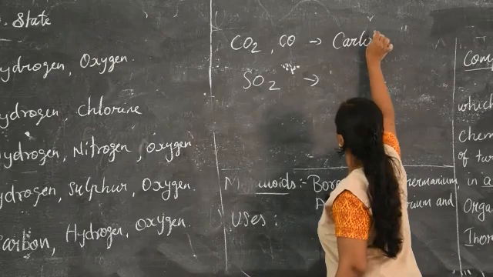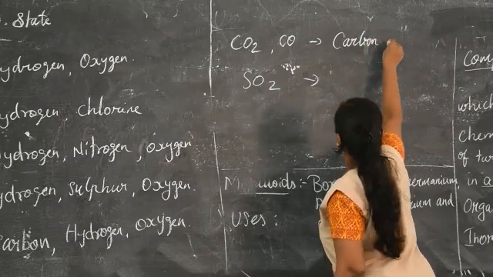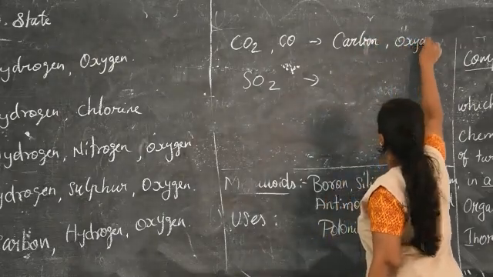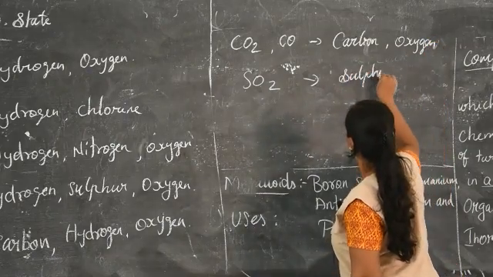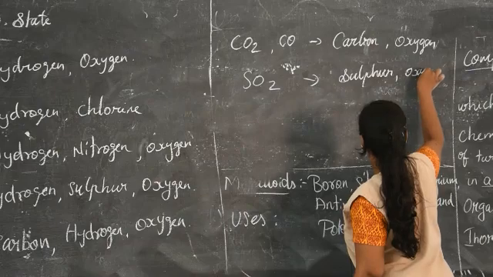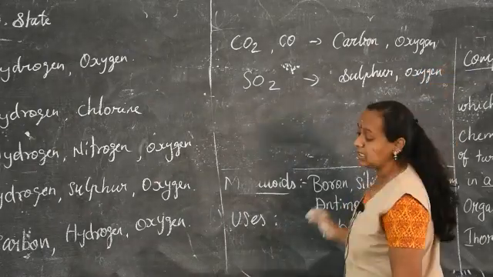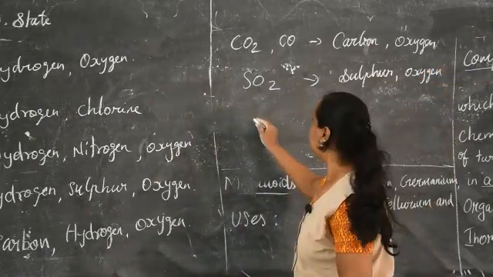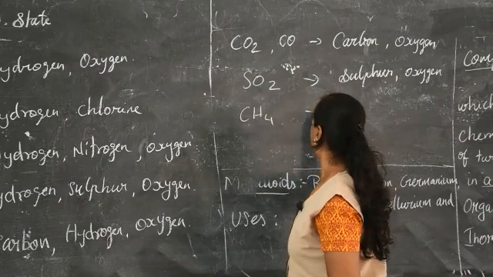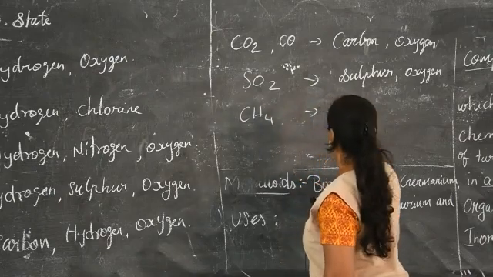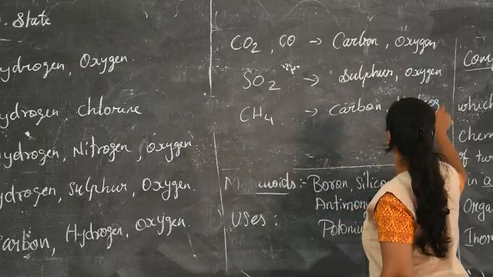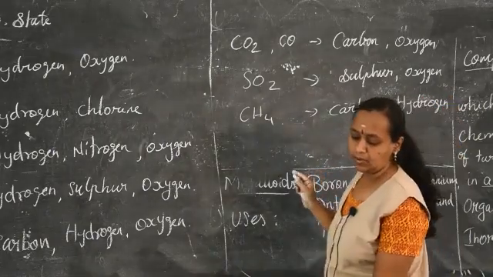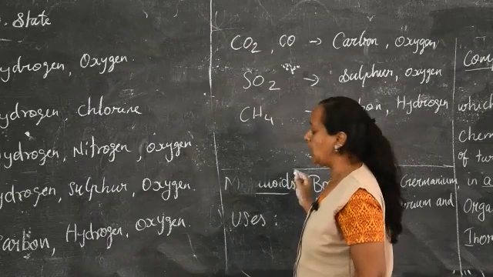Carbon, oxygen, sulfur, oxygen. These are the things present in the gaseous form. Then methane, CH4, again carbon and hydrogen. And we have nitrogen dioxide and ammonia.